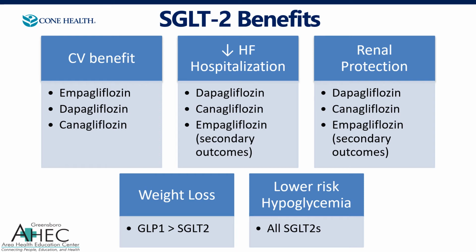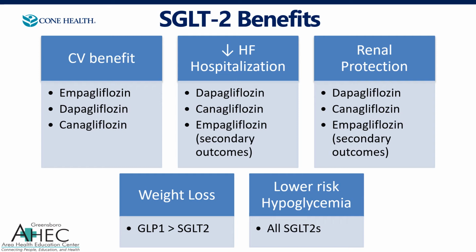Next, we have the drugs that have renal protection outcomes, or helping to prevent the progression of chronic kidney disease in patients with diabetes, specifically with albuminuria. And this again is these same three drugs, with empagliflozin having secondary outcomes. And then on the bottom here, I also included the fact that for weight loss, SGLT2s also help to promote weight loss.